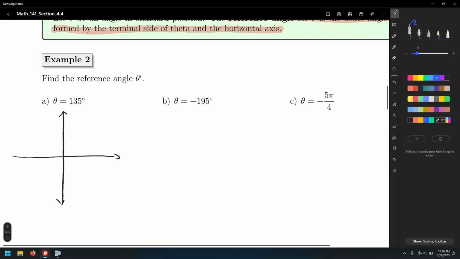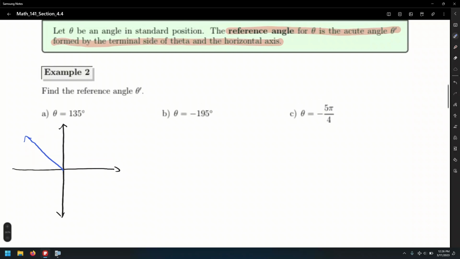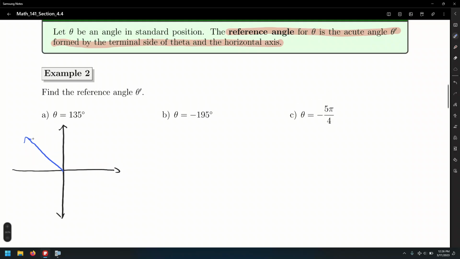Yes, that's 90 degrees, 100, 120 degrees, yes, 135 degrees, it's right here. Now, here is what we want to do. We want to find the reference angle, that is the angle formed by this ray, the terminal side of the angle, and the x-axis, the horizontal axis.